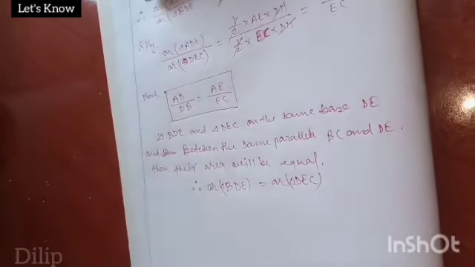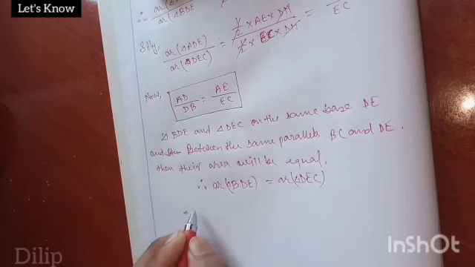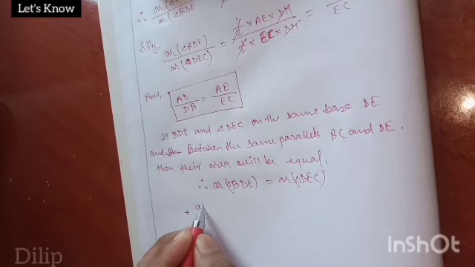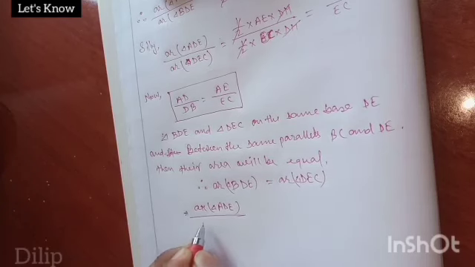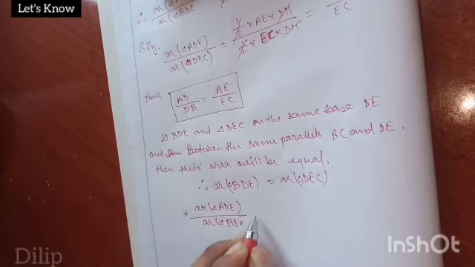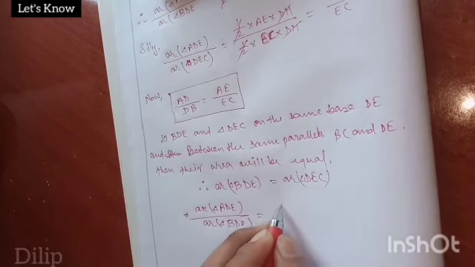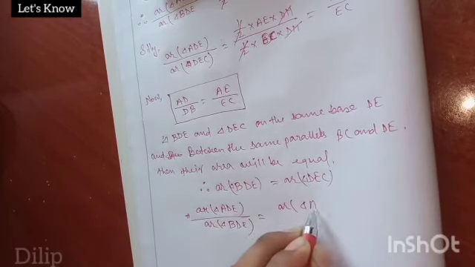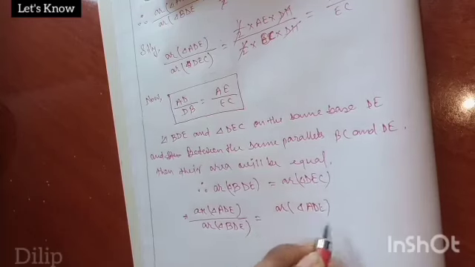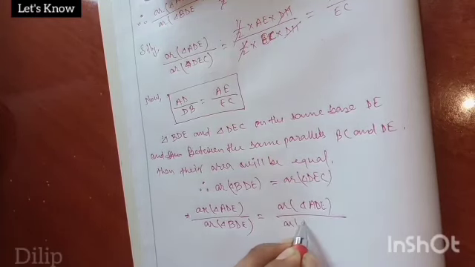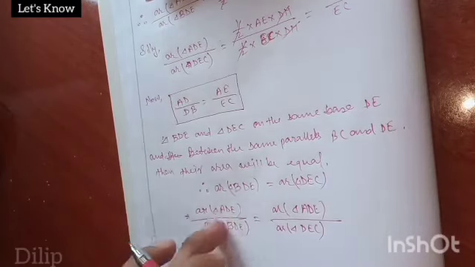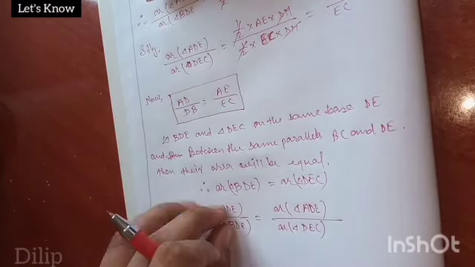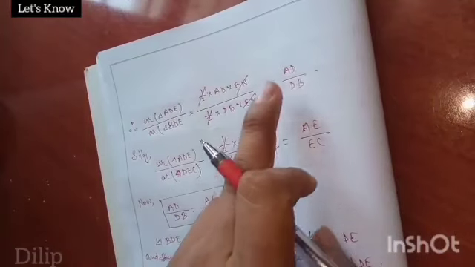That means the area of triangle ADE by area of triangle BDE is equal to area of triangle ADE divided by area of triangle DEC. All of these are equal, and this one we have got as AD by DB.